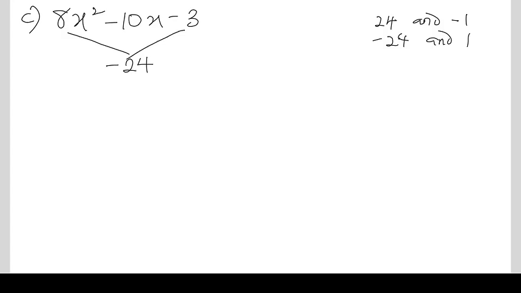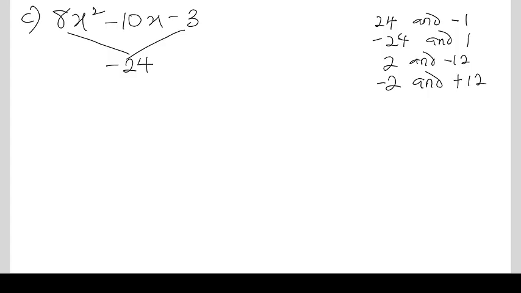Then we move into other factors. So the other factors, 2 can also go. So we have 2 and minus 12, because 2 times minus 12 is going to give us minus 24. And at the same time, minus 2 and plus 12 is going to give us minus 24 also.